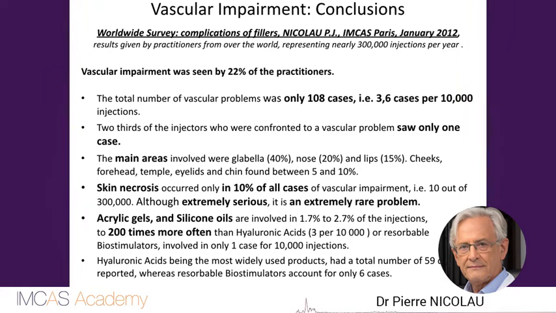And two-thirds of the practitioners who answered had seen previous vascular problems, but only one case. The main areas were essentially the skin at the level of the glabella for 40%, nose and lips. The rest of the face, cheeks, temples, eyelids, around 5 to 10%.